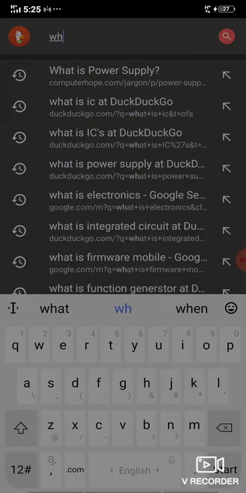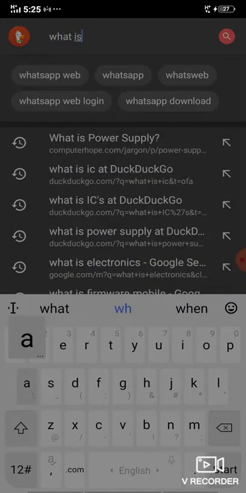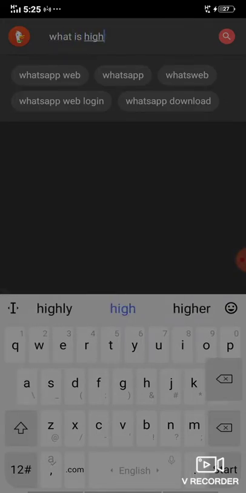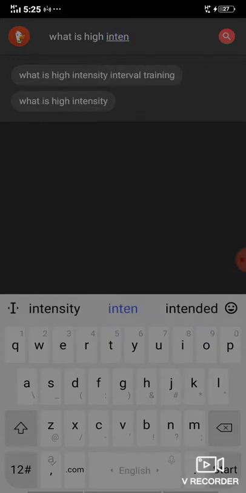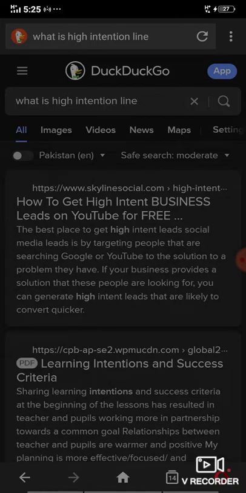So type on Google, what is high intention line. First of all, we learn high intention line. So the searching result is that some websites are open.